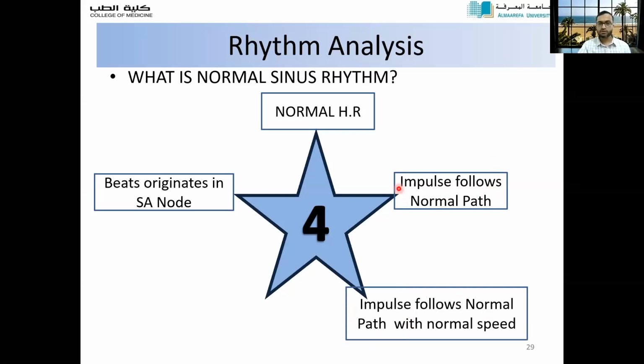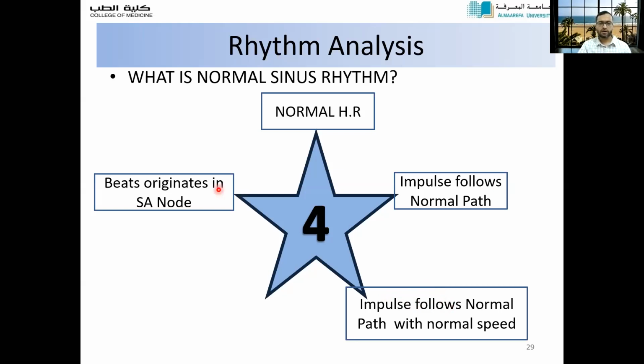While crossing this normal path, which I described from SA node to AV node to bundle of His to the Purkinje fibers, the impulse should also follow the normal speed. We know that the speed of conduction is highest in the Purkinje fibers and slowest in the AV node, that is the AV junction. That's why there is a delay of impulse at the AV node. We should remember this.